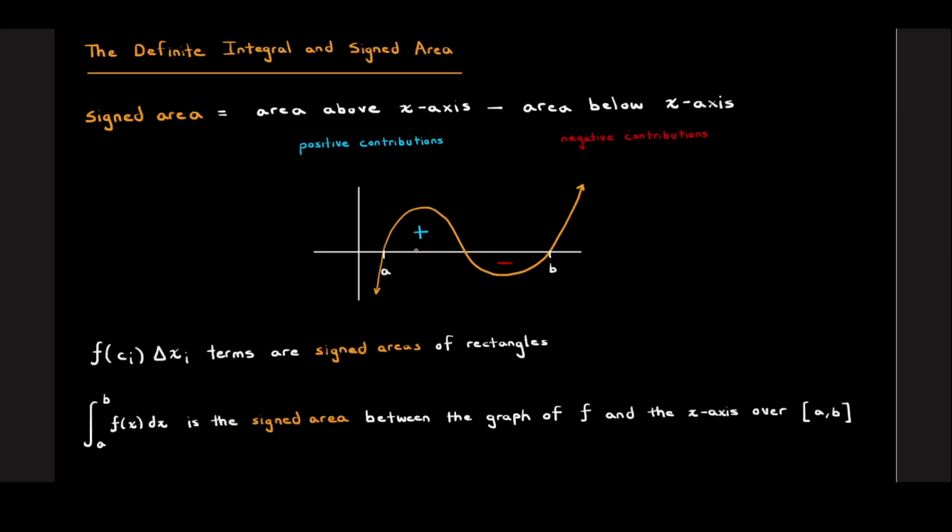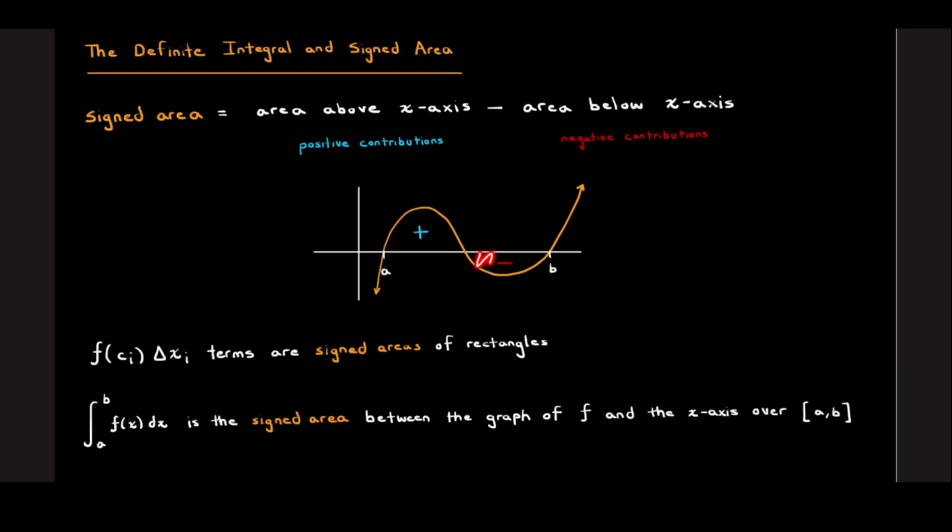Regions above the x-axis are going to contribute positive area, and regions below the x-axis are going to contribute negative area. So if you were to take the definite integral of this curve over the closed interval from a to b, then the calculation is going to find this area and it's going to contribute positively to the value of the definite integral.